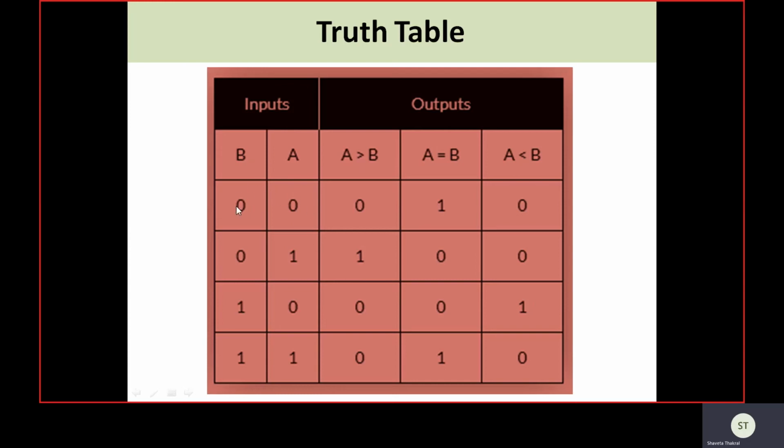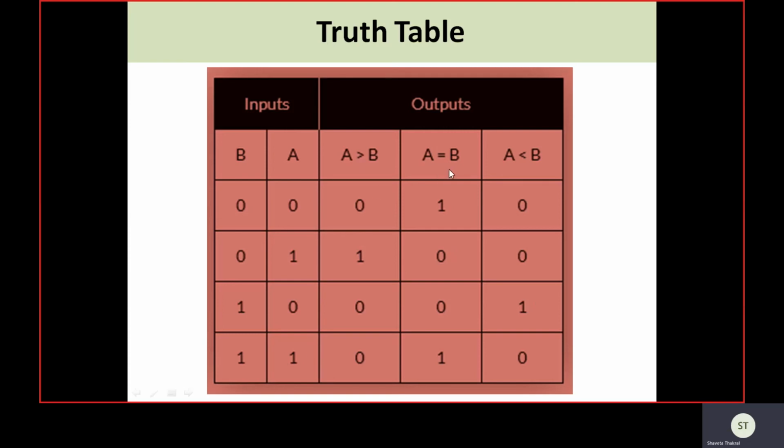So here we have the min term as A complement B complement, and the min term for this combination, where A is 1 and B is 1, is represented as AB. And because the output is high corresponding to either this combination or this combination, we have to take the summation sign.